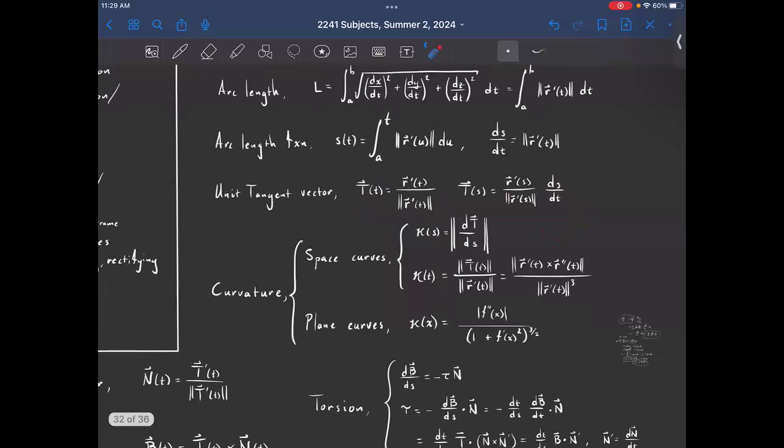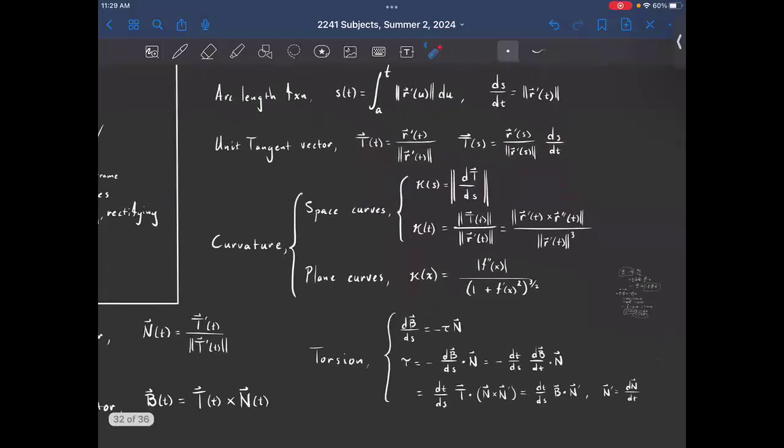All right. Next up, we have something fairly important, the curvature. So we can talk about the curvature of space curves and plane curves. This is a special case of space curves, but it is good to know that formula. So the curvature of a space curve is given by the norm of the rate at which the unit tangent vector changes.